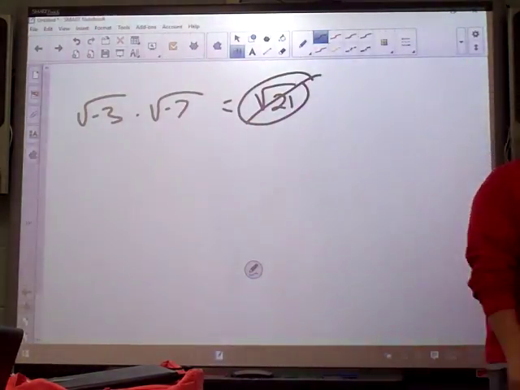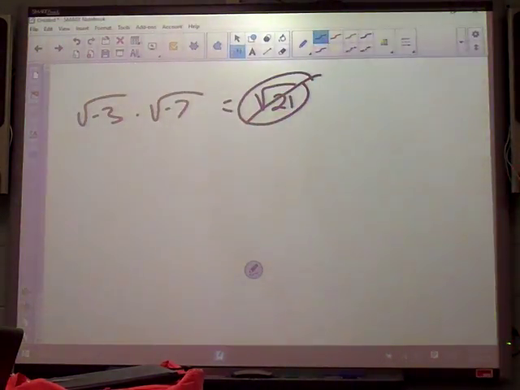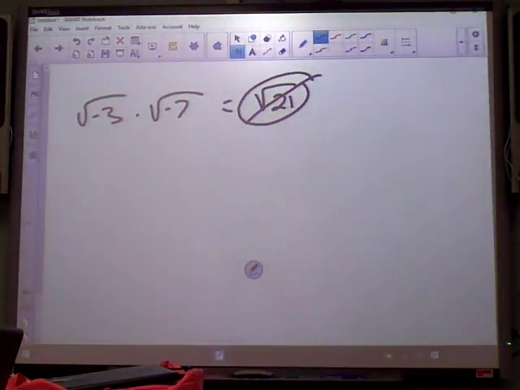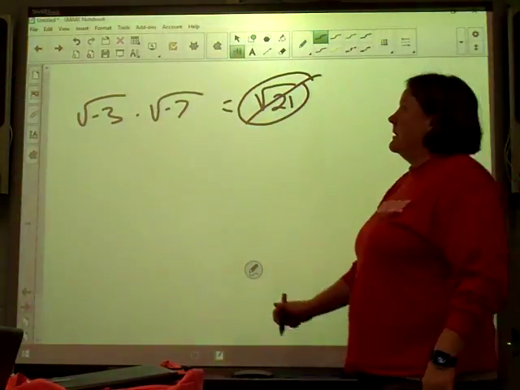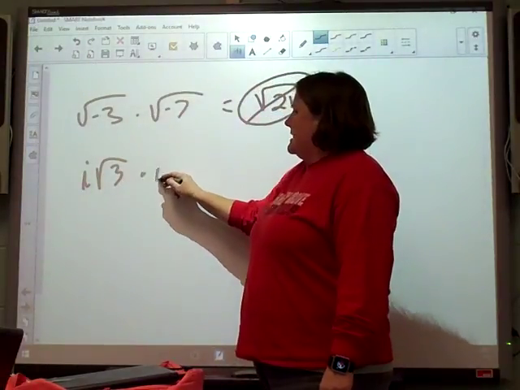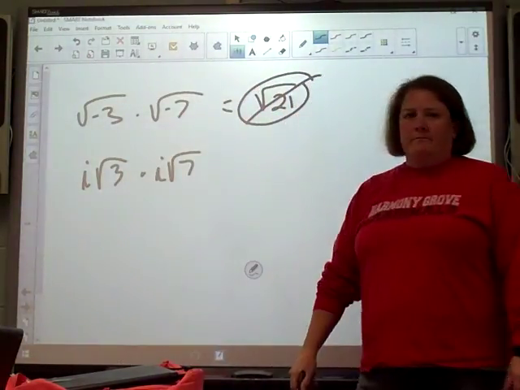That is wrong. It makes sense because you look underneath the radical and you say negative 3 times negative 7 is a positive 21. So I get why you think that, but that's the wrong order to go in when you're simplifying this. You got to take your i's out first on something like this. Okay? So this is the same as i square root of 3 times i square root of 7.